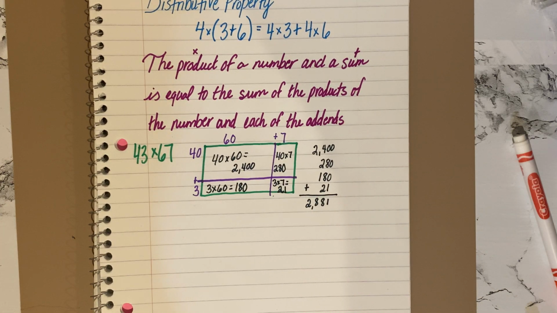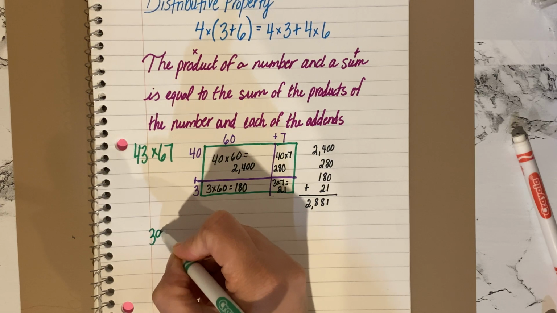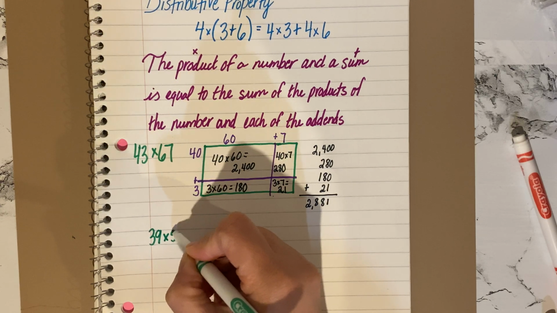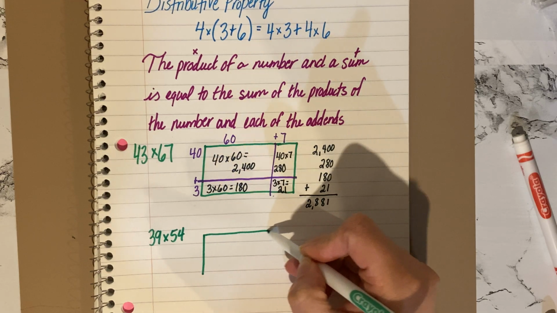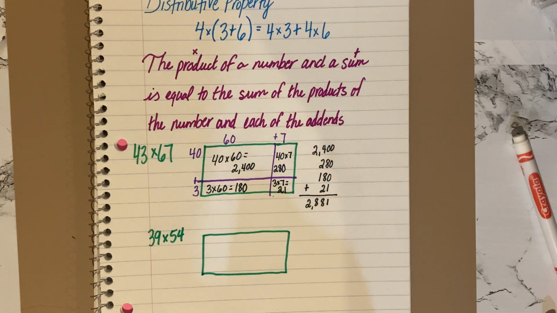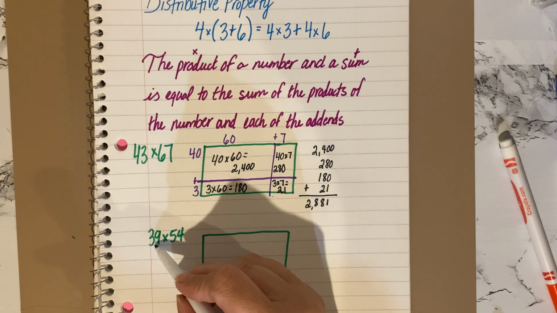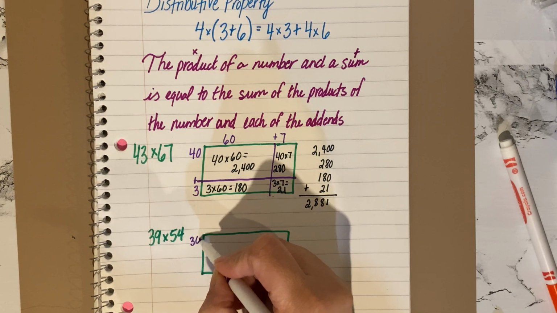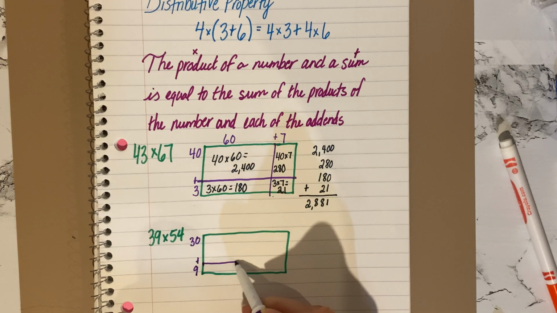This one is going to be 39 times 54. Okay, let's draw a rectangle first. I'm going to go with 30 and 9, which is 30 plus 9. Draw my line.